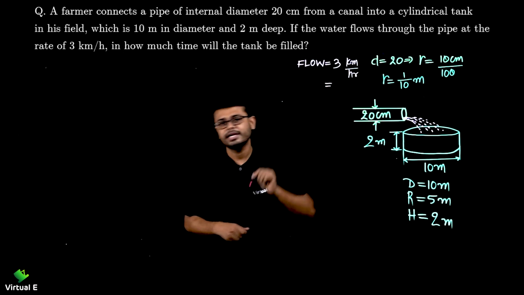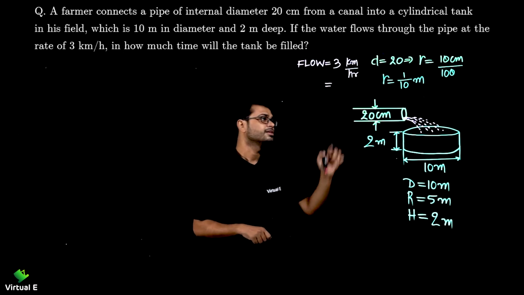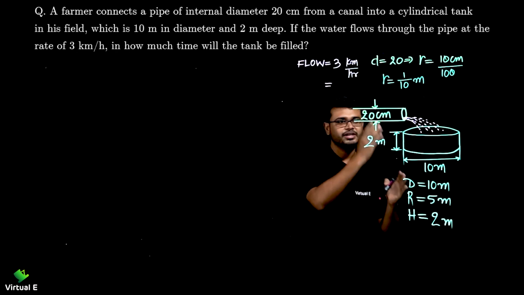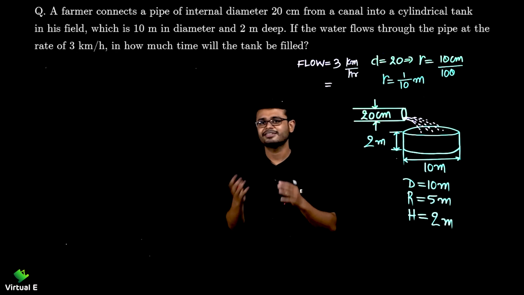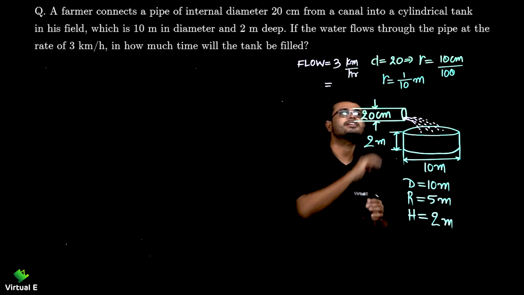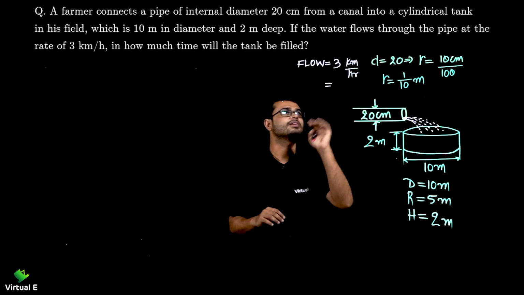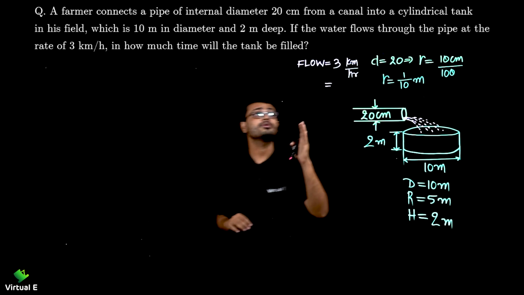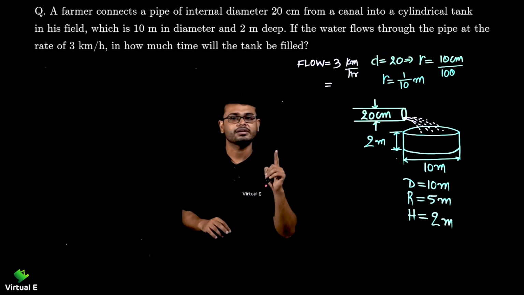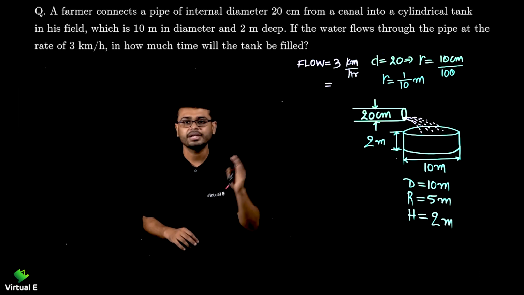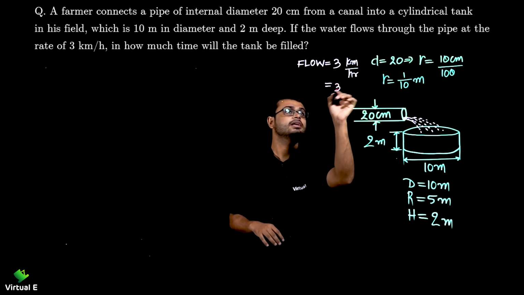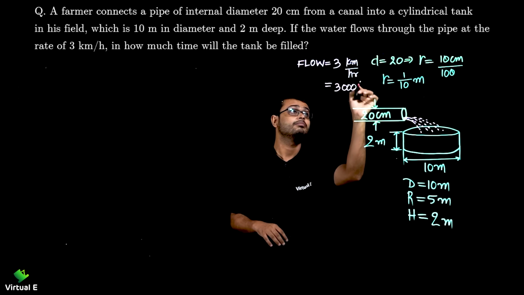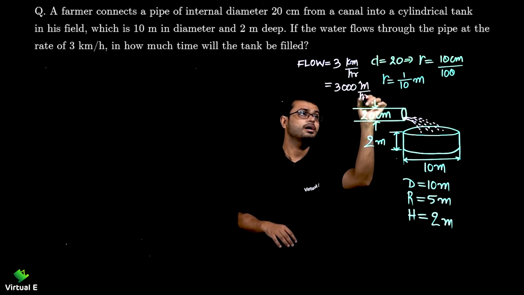Now see, again there is a problem here. We had centimeter and meter, and we converted centimeter into meters. Good. Now we are getting kilometer, another unit. So we need to convert this kilometer into meters as well. Then only we can do the calculation. We know that 1 kilometer is equal to 1000 meters. So if there are 3 kilometers, there will be 3000 meters per hour.